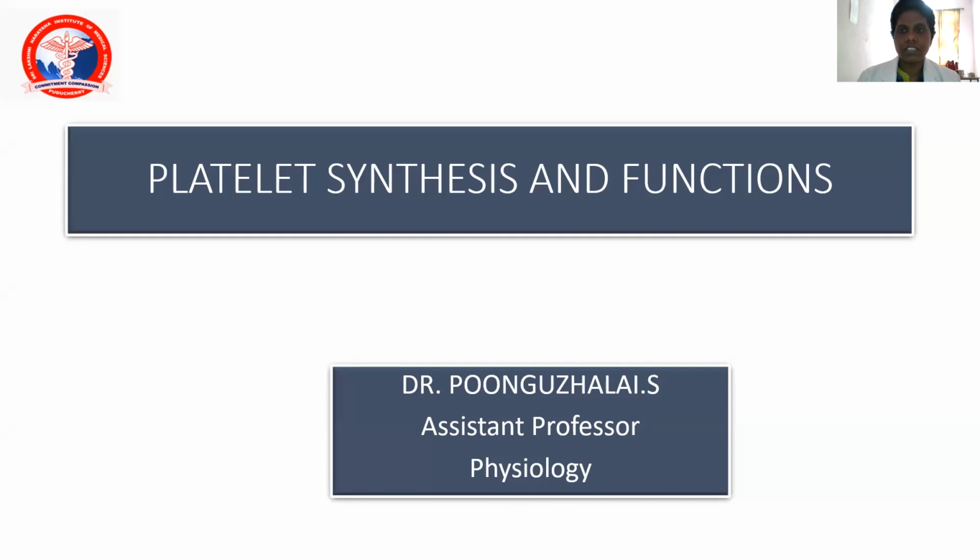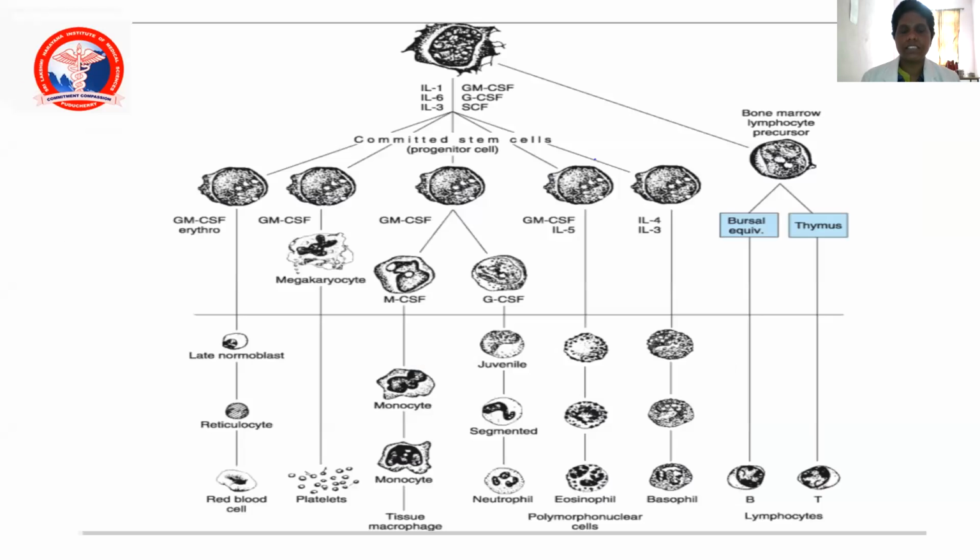Coming to the synthesis of platelets, from this picture we can understand that platelets are synthesized from the same progenitor cells which give rise to RBCs and WBCs. The precursor for platelet is the megakaryocyte, which comes from the same progenitor cells that produce RBCs and WBCs.